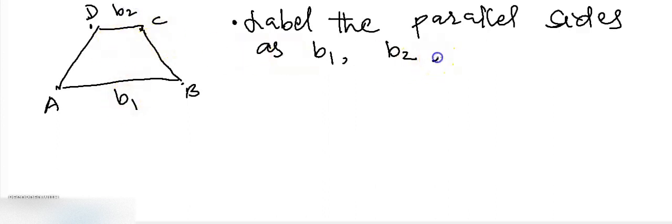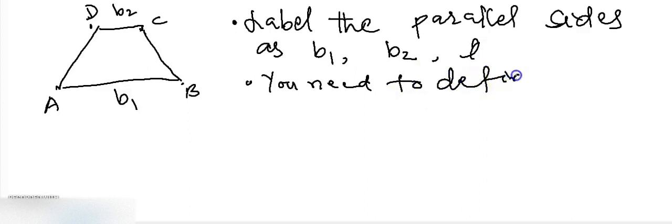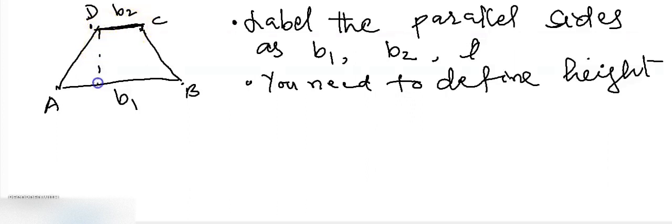And then you need to define height. What is height? Height is any line segment that starts from this parallel line and cuts the other base, the other parallel line, at 90 degrees.